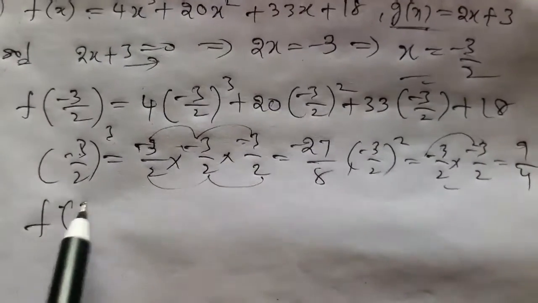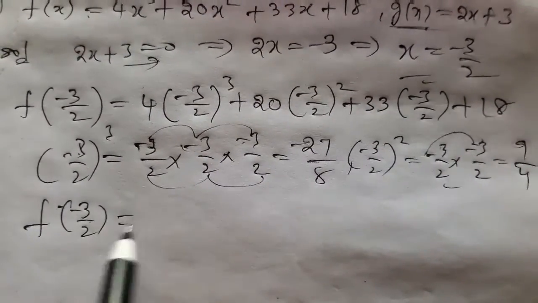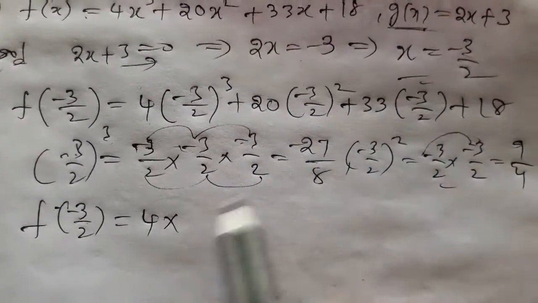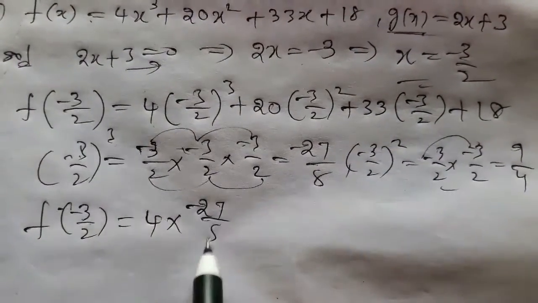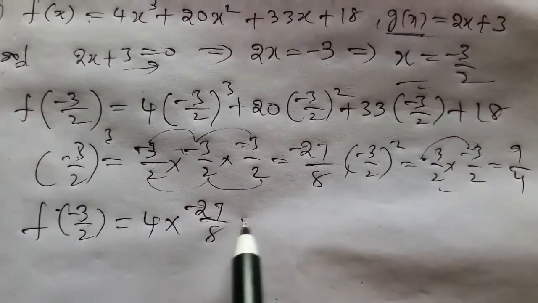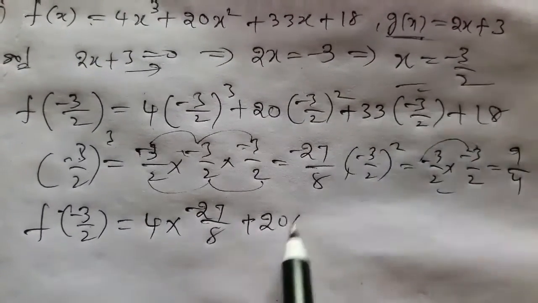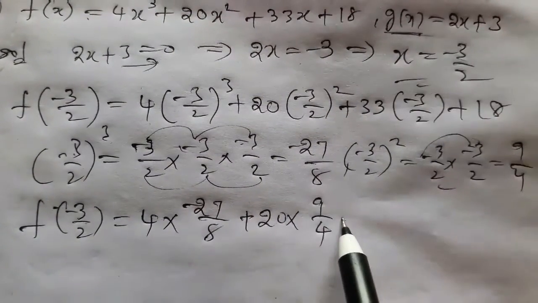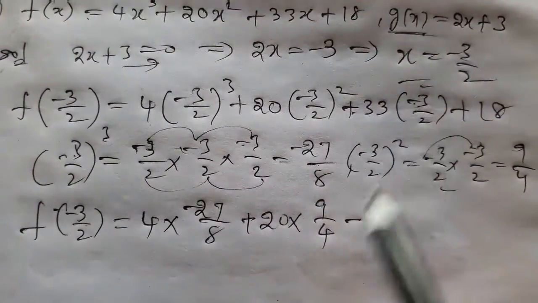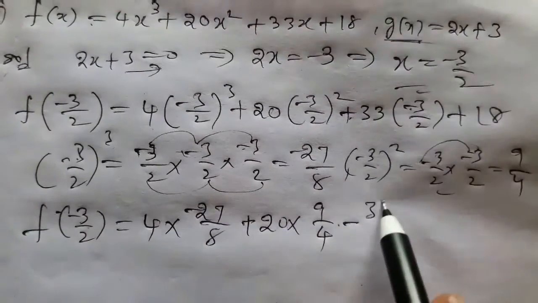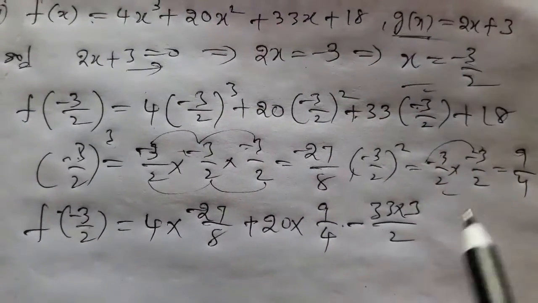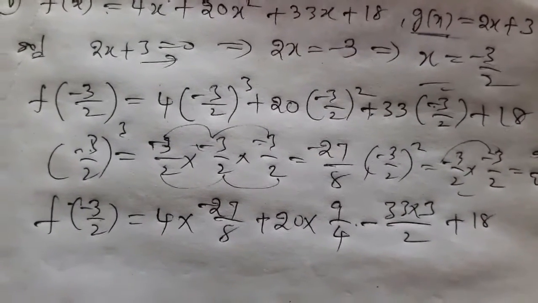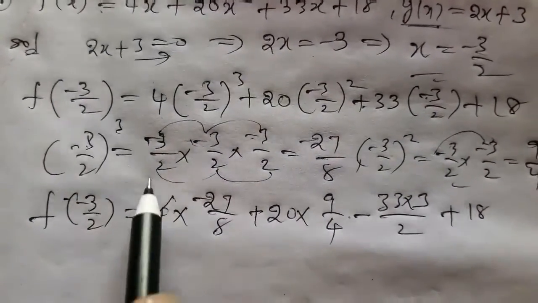Now f of minus 3 by 2 is equal to 4 into minus 27 by 8, isn't it? Next, plus 20 into plus 9 by 4, minus, this plus into minus becomes minus 33 into 3 by 2. Next, plus 18, isn't it? See here, 4 ones are 4.